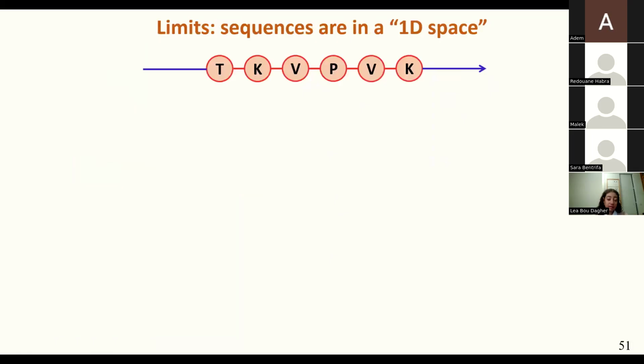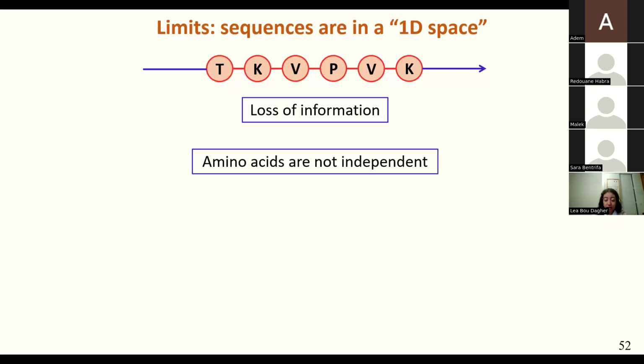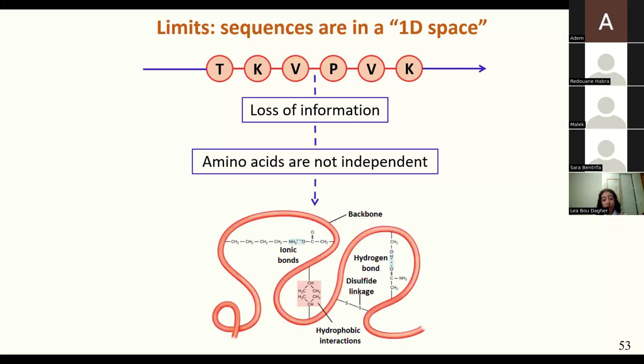One limit of the sequence is that it is in a one-dimensional space. So when biologists study sequences, they are only looking at how the amino acids form the chain. They do not look at the interaction between amino acids, and to look at that, we have to consider the 3D structure.